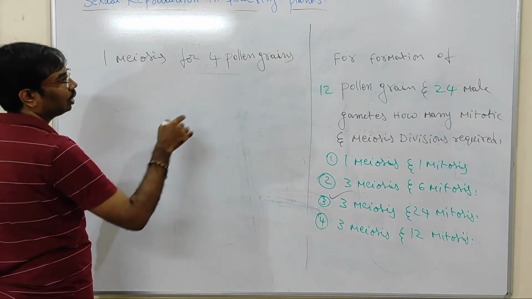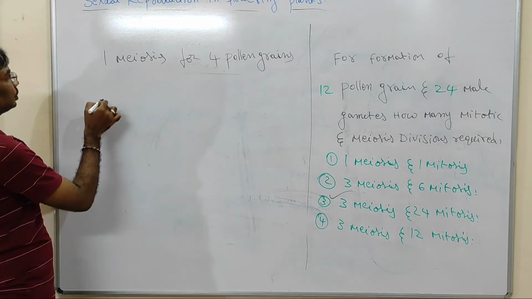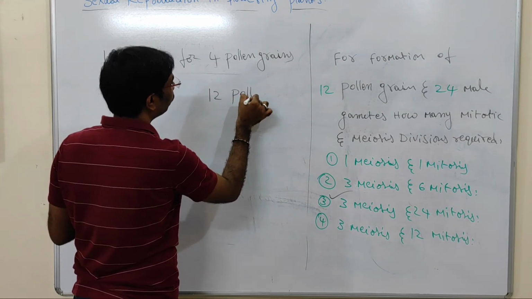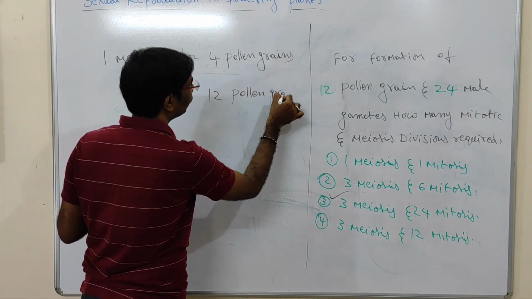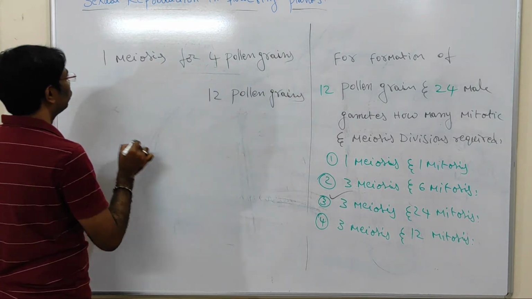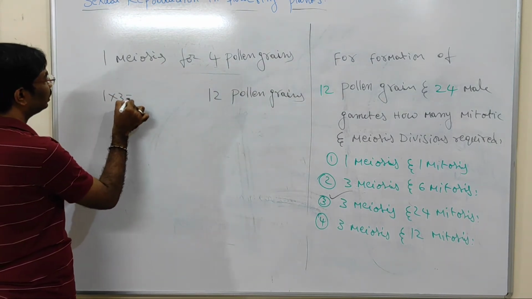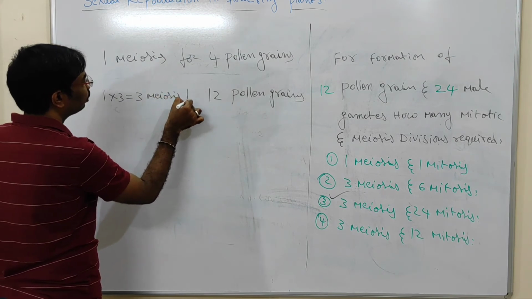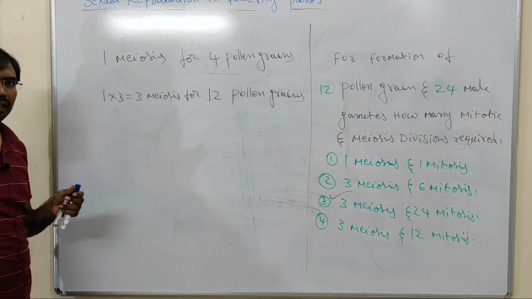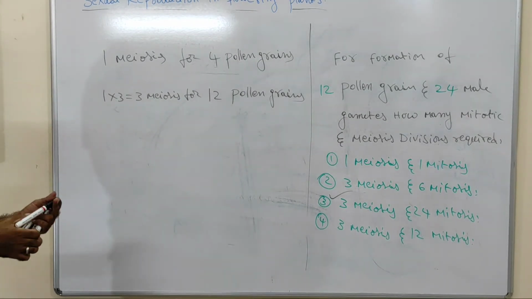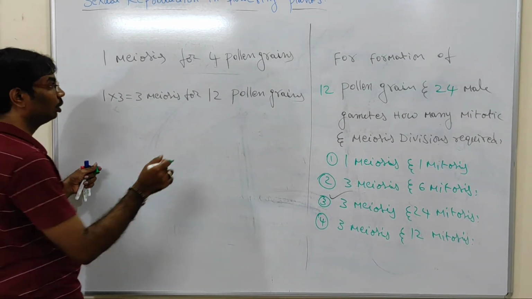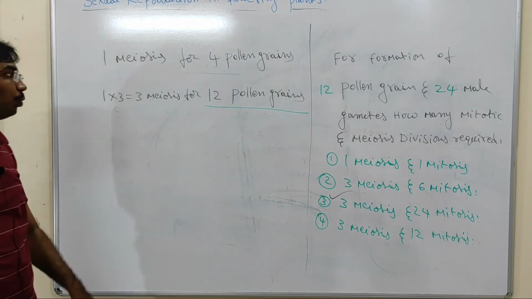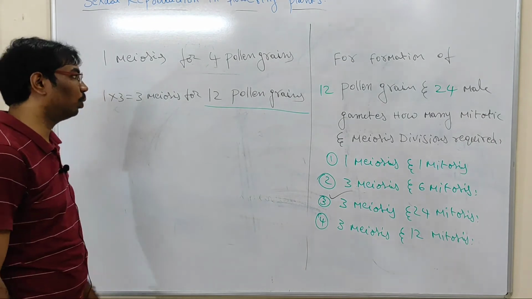So for 12 pollen grains, how many meiosis are required? 1 into 3, so 3 meiosis are required for the formation of 12 pollen grains.